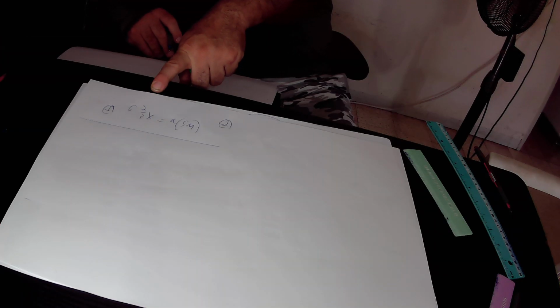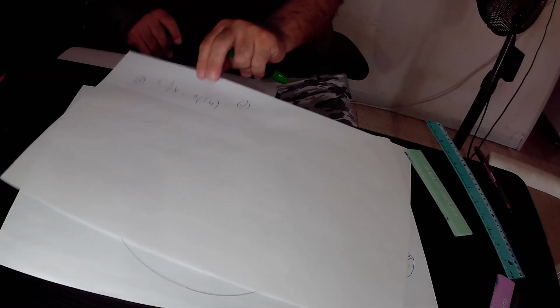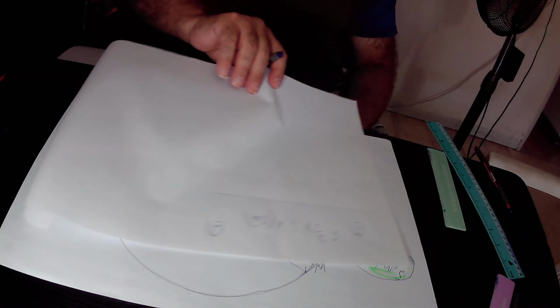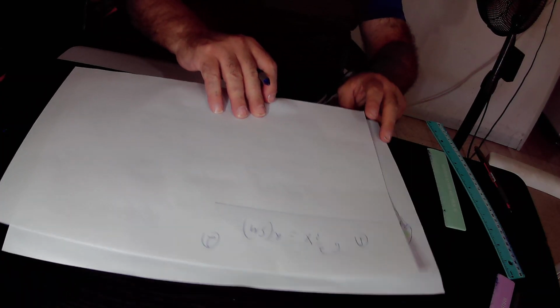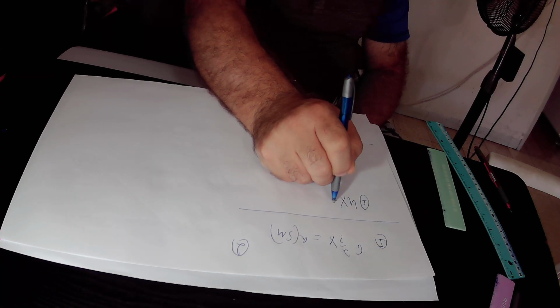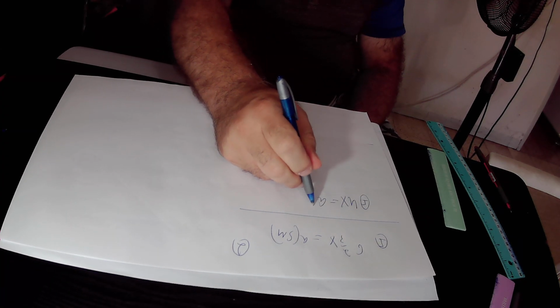So in total, on this side of equation 1, we have 4x. So according to equation 1, we actually found out that 4x equals A times SM.